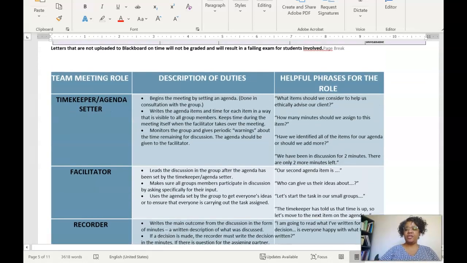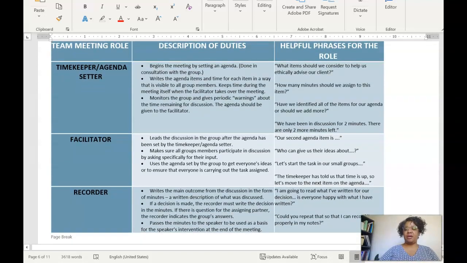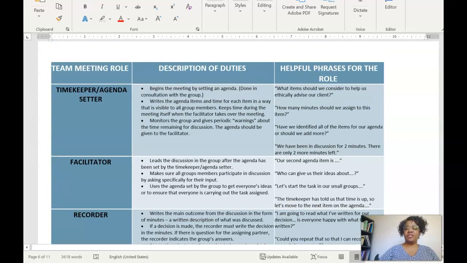Please remember that you're expected to act out your team role, so please make sure you understand your role. And we remind people that the recorder, the agenda setter, will have documents that we will want to see, and therefore they should also be provided in the files at the end of the meeting.